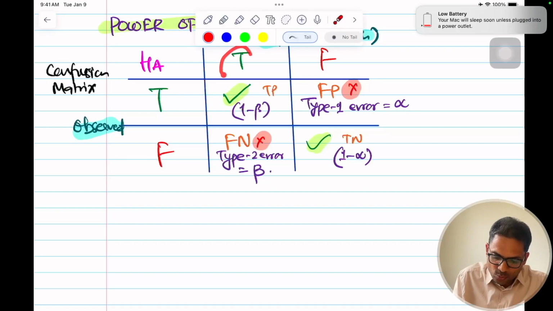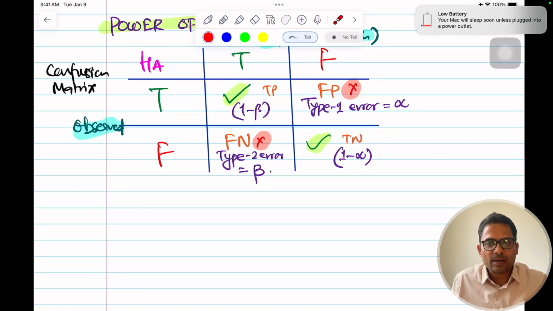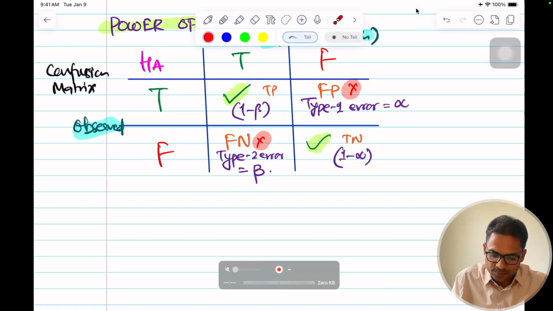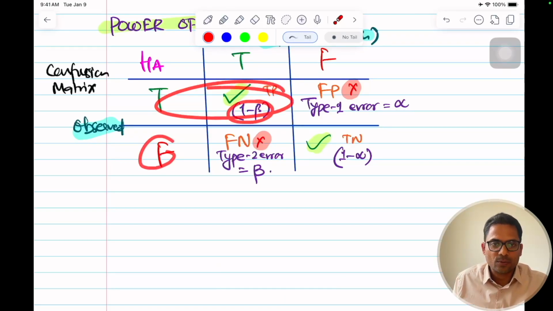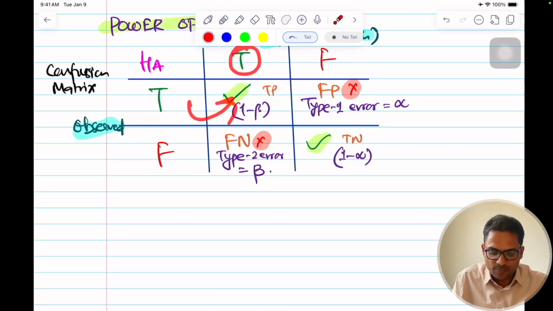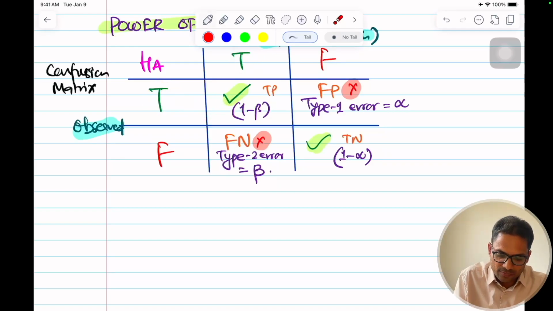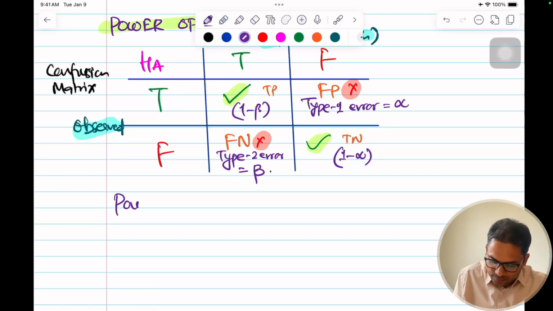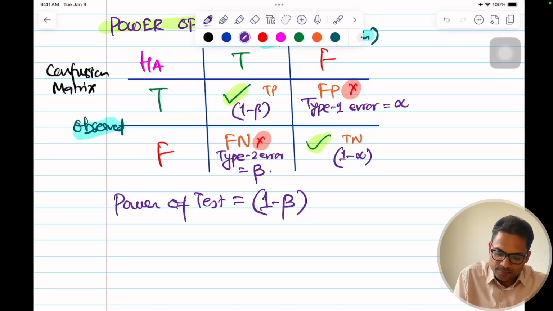If the alternate hypothesis is true and I'm predicting it as true, then this is the right thing to do. This is your power of test. Simply put, the power of test is equal to 1 minus beta.